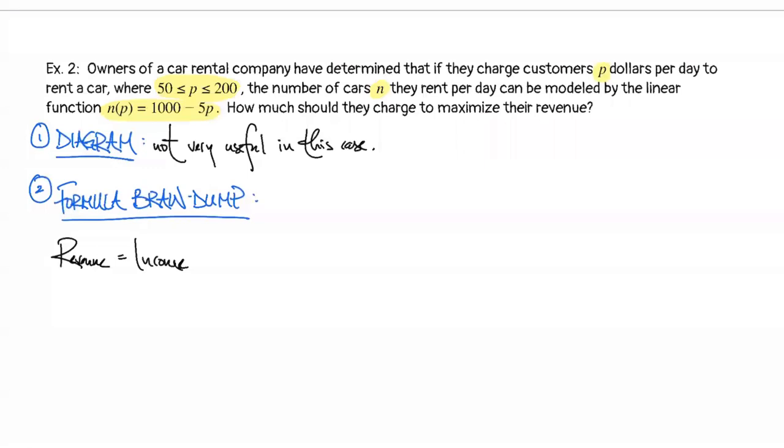Well, let me ask you the second question to this. If they charge $50 per day for a car rental, what is their revenue?